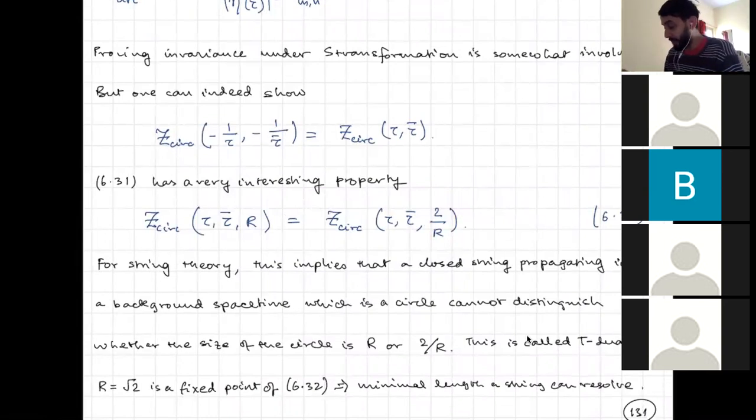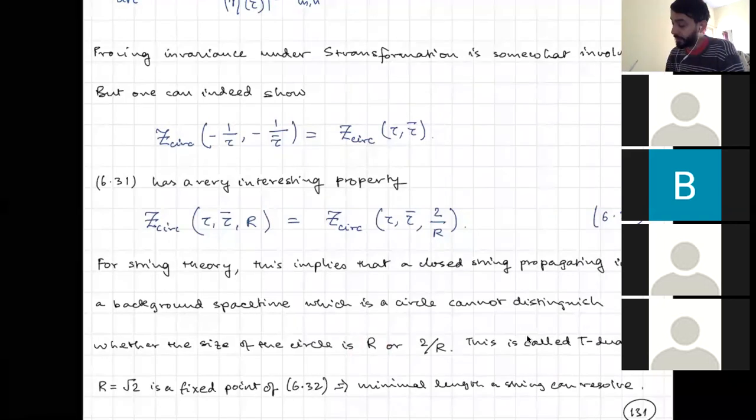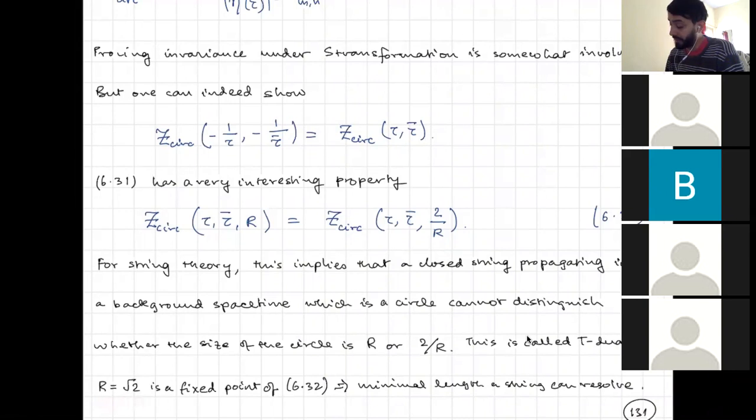That can again be reinterpreted in terms of string theory: the string would have an equivalent description for a circle of size R and a circle of size 2 over R. So in a sense, if you take R equal to root 2, that's like the minimal length that the string can actually resolve.